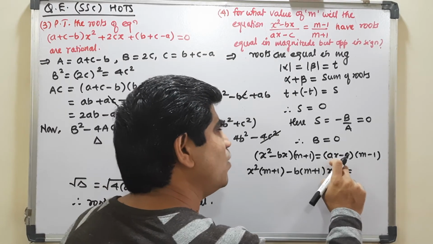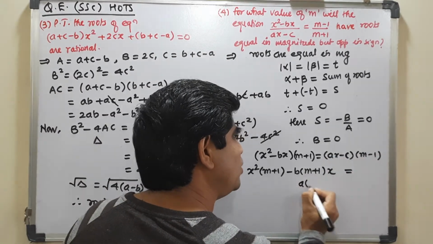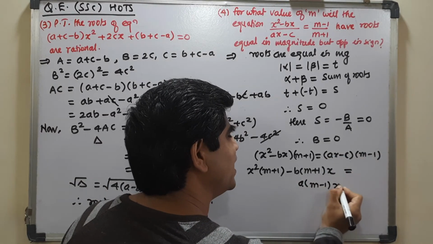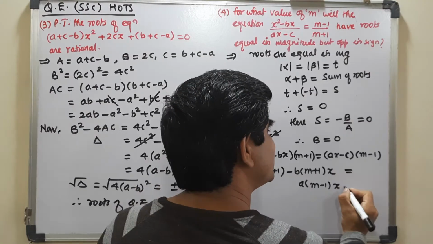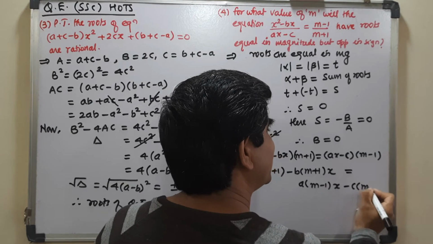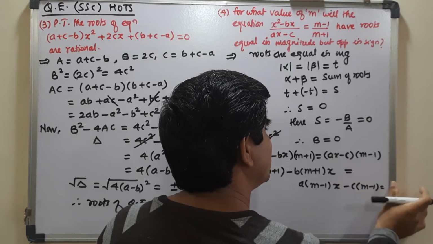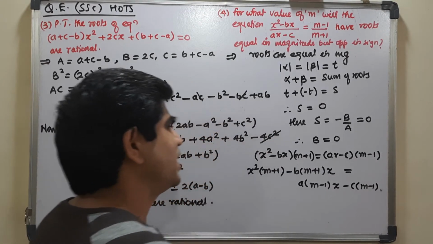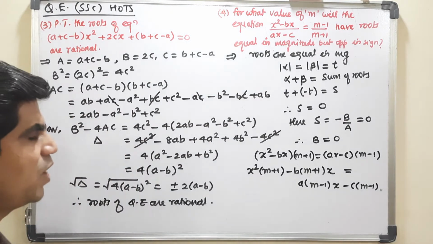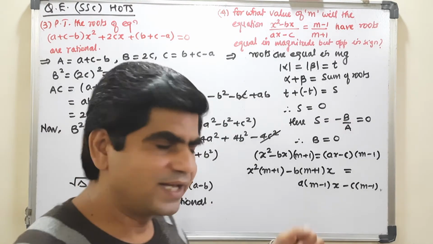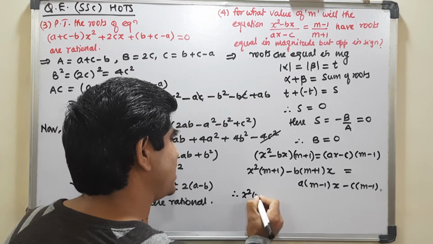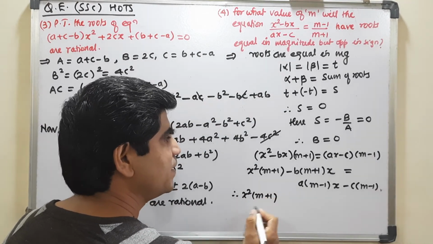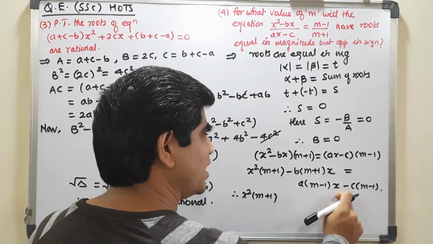Now I will multiply only this, that is a into bracket m minus 1 into x, and then minus c into bracket m minus 1. This is the equation. So I found only one x square is there, so there is no problem. It will remain as it is, x square into m plus 1.